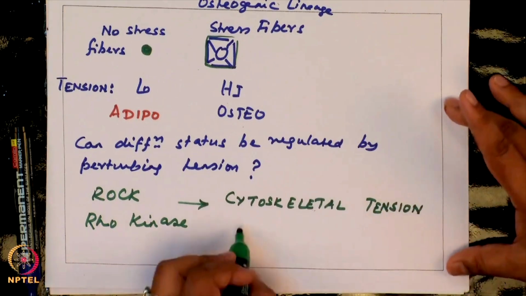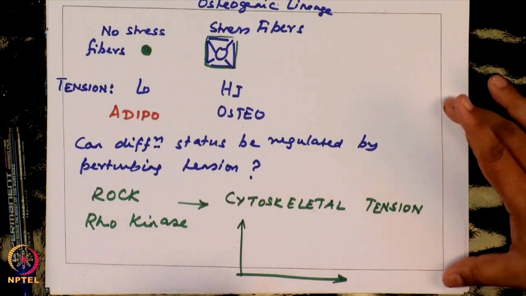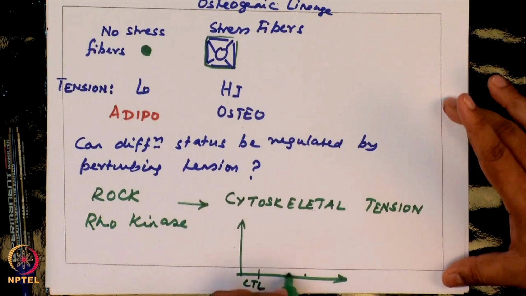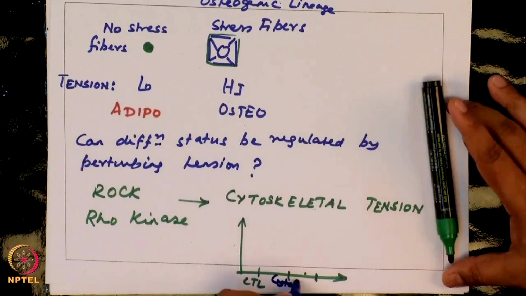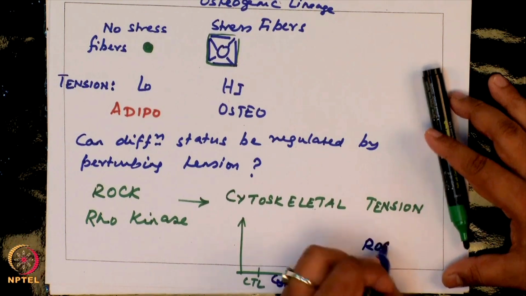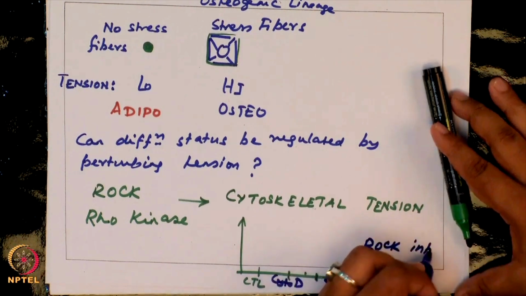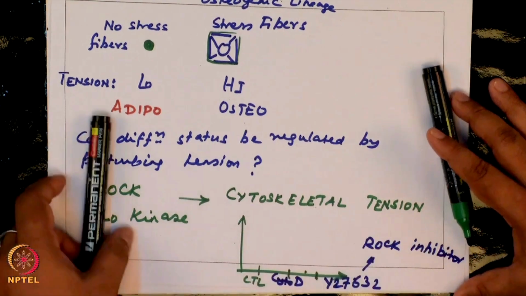So, compared to control, they added two drugs, Cyto D or Y27632. Y27632 is a ROCK inhibitor and Cyto D is an actin depolymerizing agent.